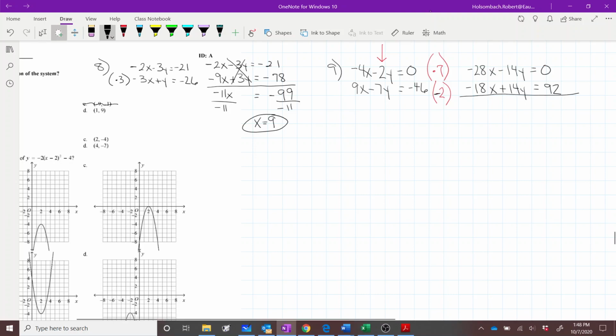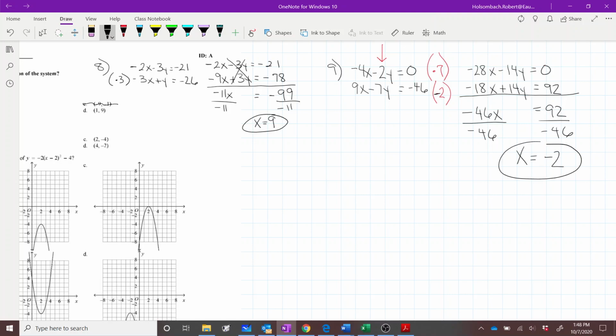So 28 and 18, we get negative 46x equals 92. We can divide both sides by negative 46, and x is equal to negative 2.